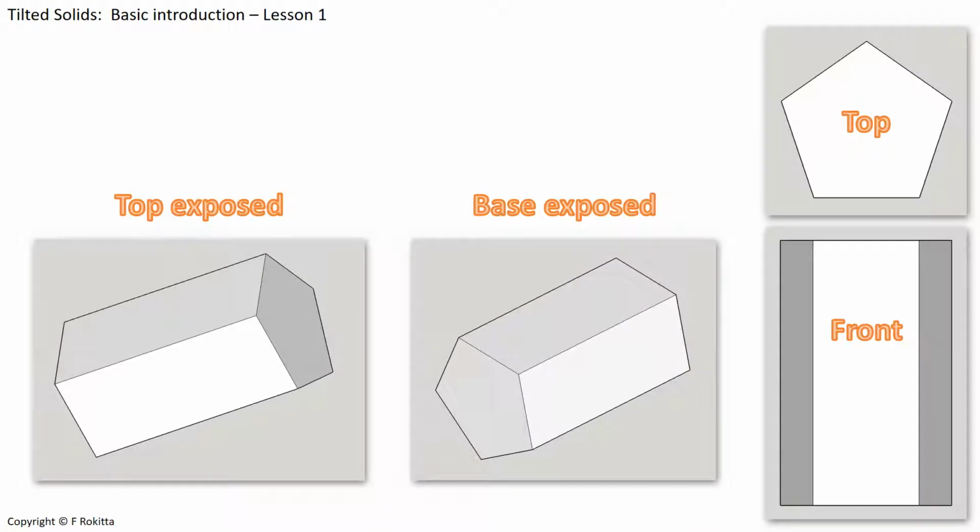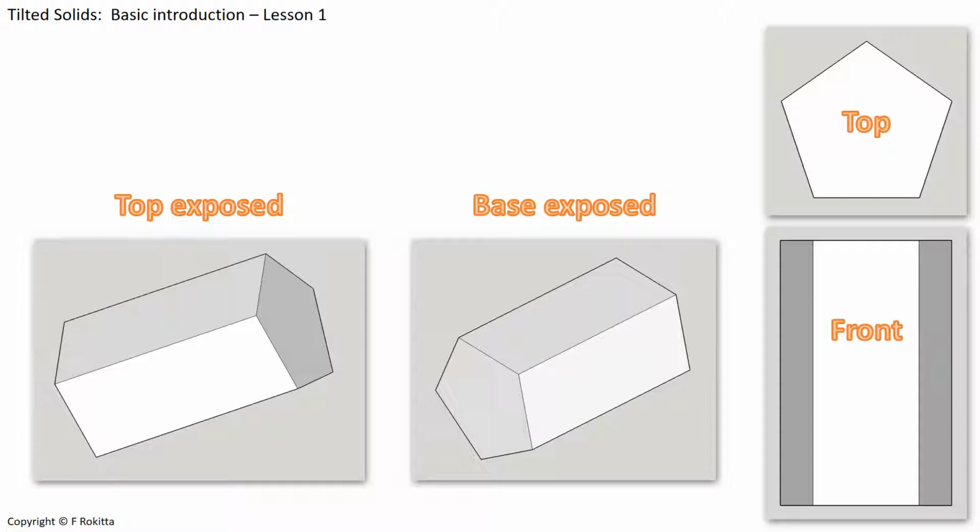Here we have provided to us on the far left the top side of our pentagonal solid or prism presented to us, and the top side is exposed. In the middle you see the base of the pentagonal prism or solid being exposed, and on the far right we see a 2D front view and top view of this solid.